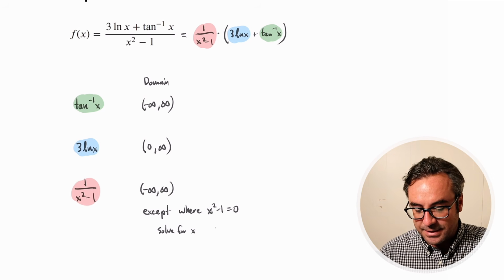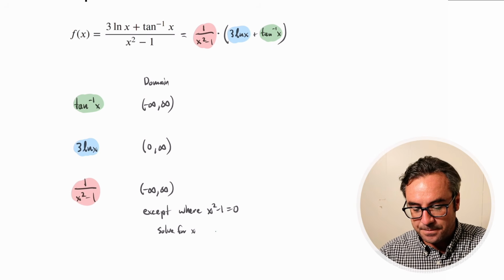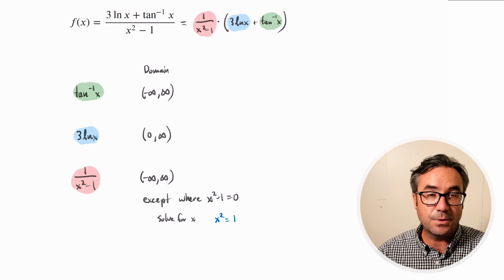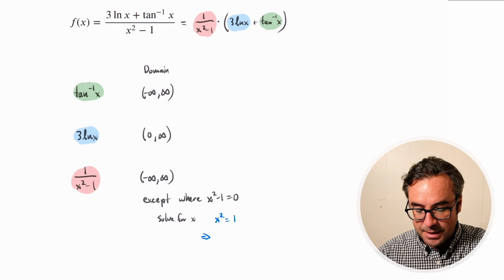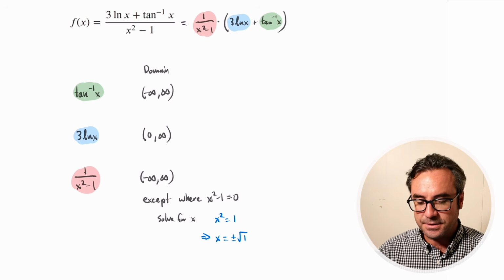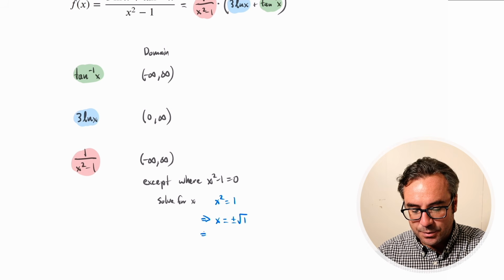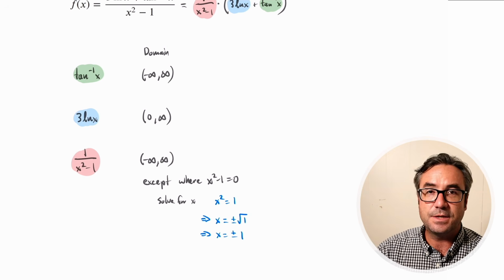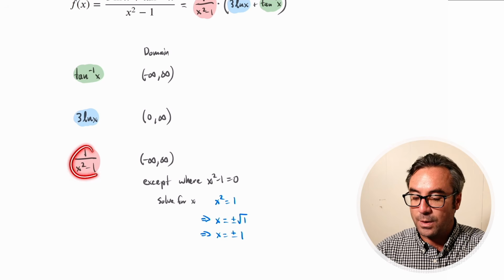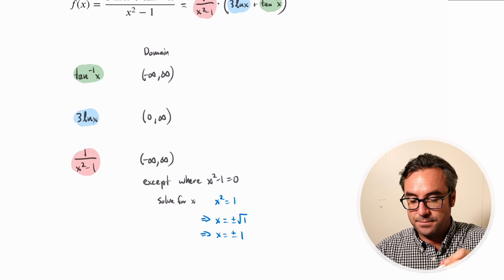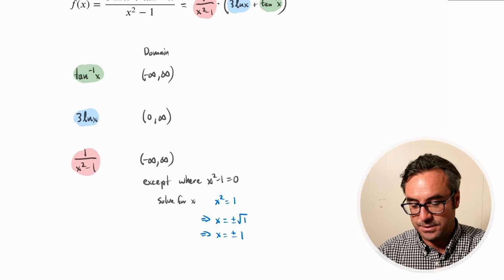Add 1 to both sides, we get x squared is equal to 1. Apply the square root function to both sides, and whenever we apply the square root in a solution, we've got to put a plus or minus in front. The square root of 1 is just 1. So we end up with 2 solutions here for that rational function. We're dividing by 0 twice, when x is -1 and when x is +1. So we're going to throw those out.